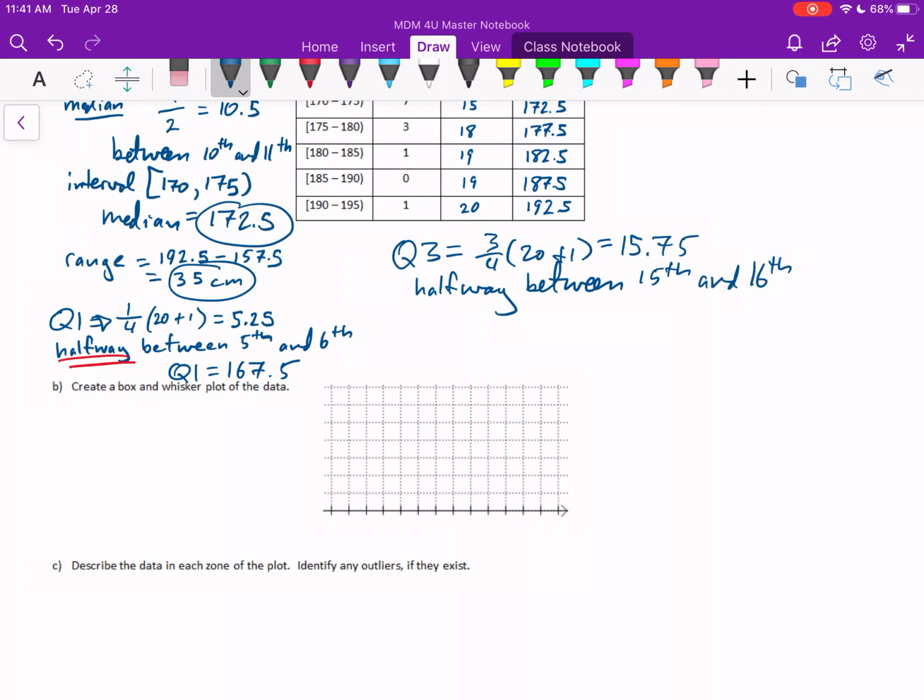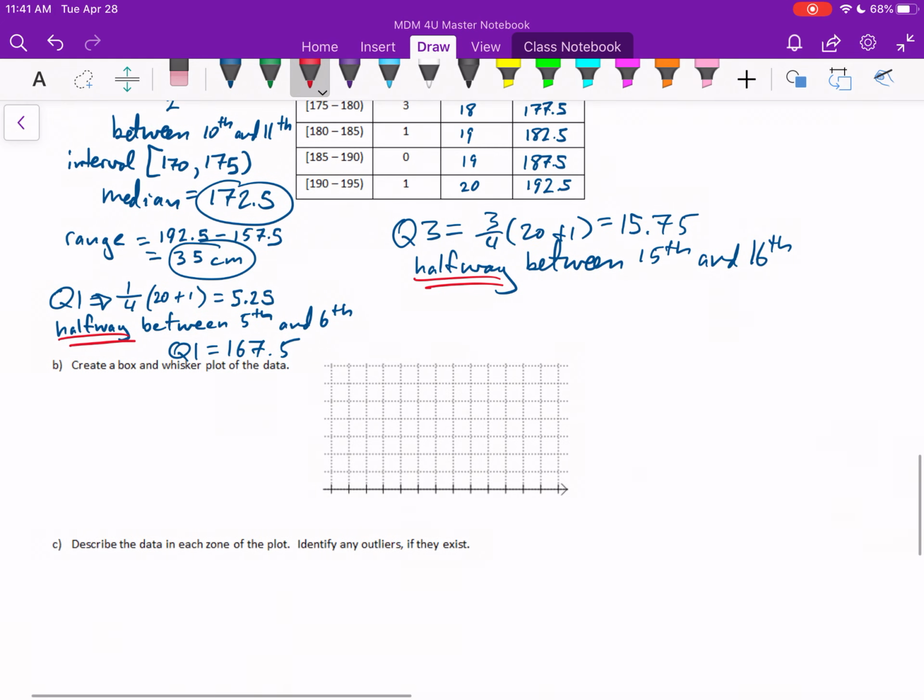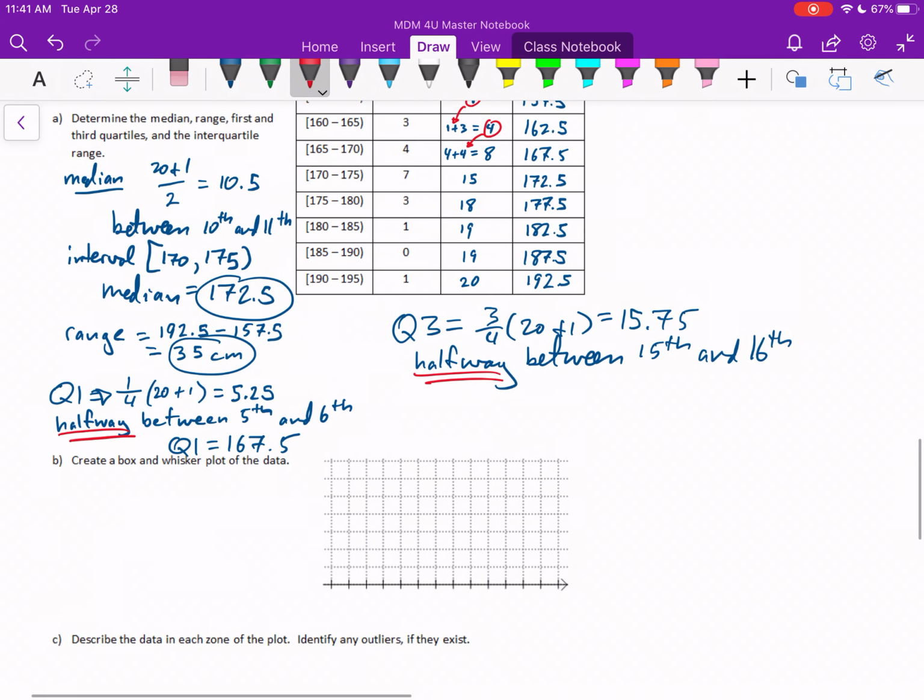Again, I want to emphasize that halfway point. Don't let the 0.75 there throw you off. It's just in the middle between the 15th and the 16th. And the 15th one comes at the end of the interval 170 to 175.